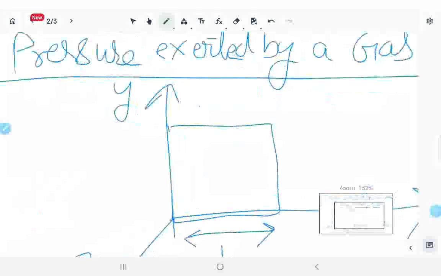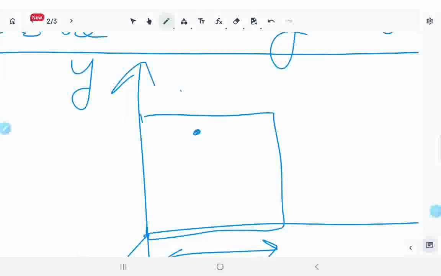Let us suppose there is one molecule here, and this molecule is moving with some velocity inside the container. There are lots and lots of molecules moving, but we first study one molecule, then we will make it a general assumption for all molecules. Let us suppose the velocity of this molecule is Vx, Vy and Vz, because it is moving in 3 dimensions, so it has x, y and z components.